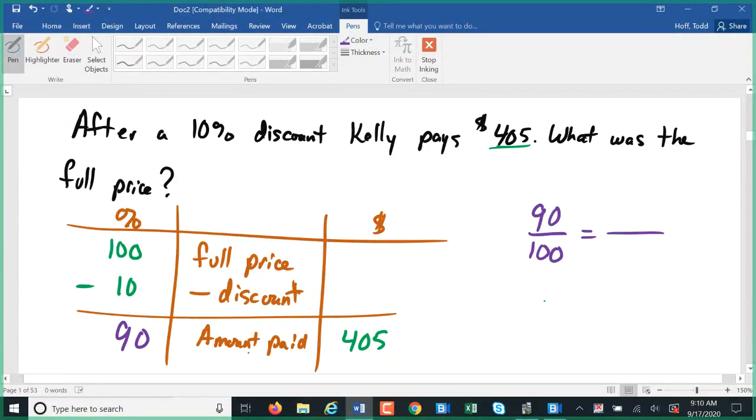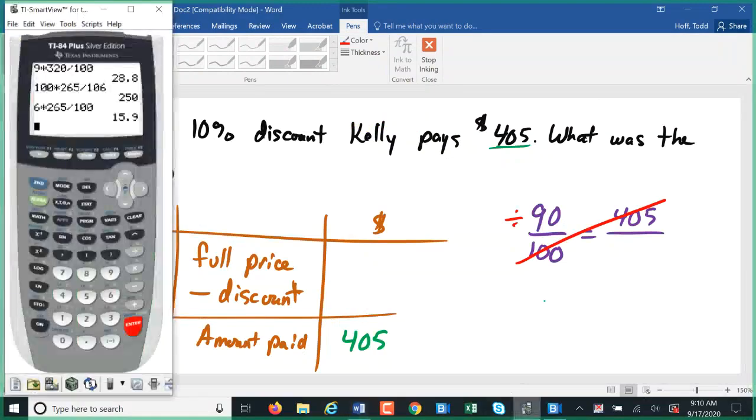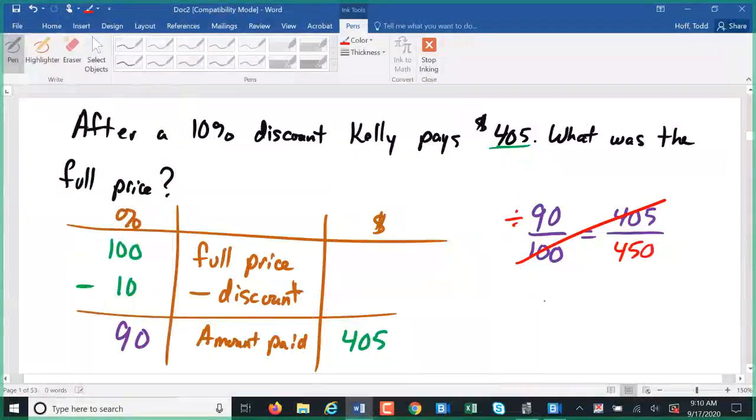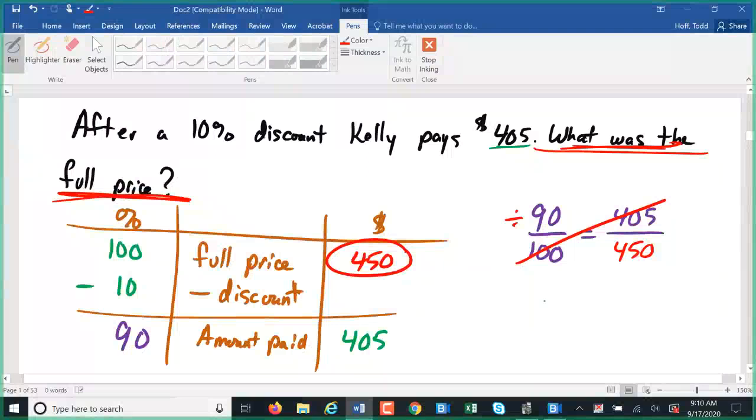The 405 and the 90% both represent the amount paid. The 405 has to go with the 90. And we will cross multiply and divide. So 405 times 100 divided by 90 gives us $450. So $450 was the full price. Now we go back to make sure that answers the question. We were asked what was the full price. So $450 is the answer we're looking at.